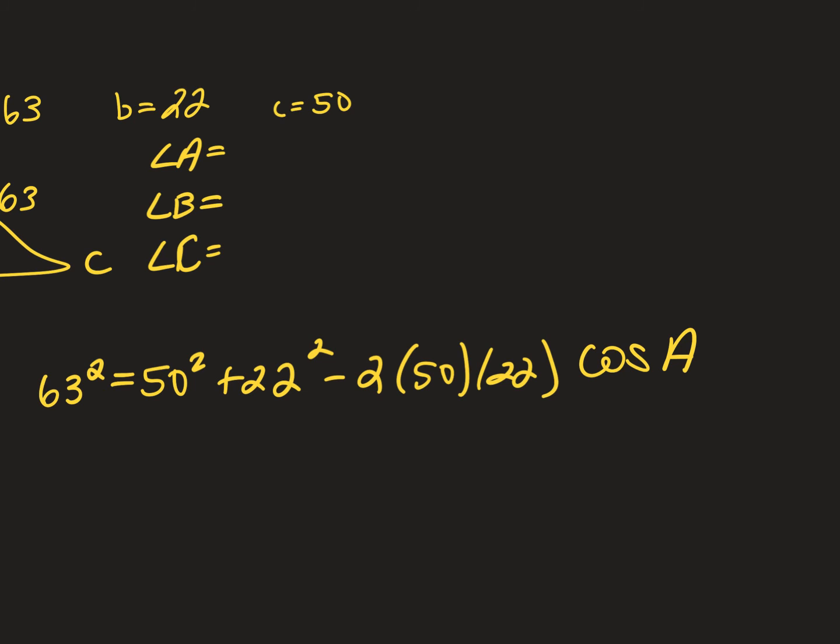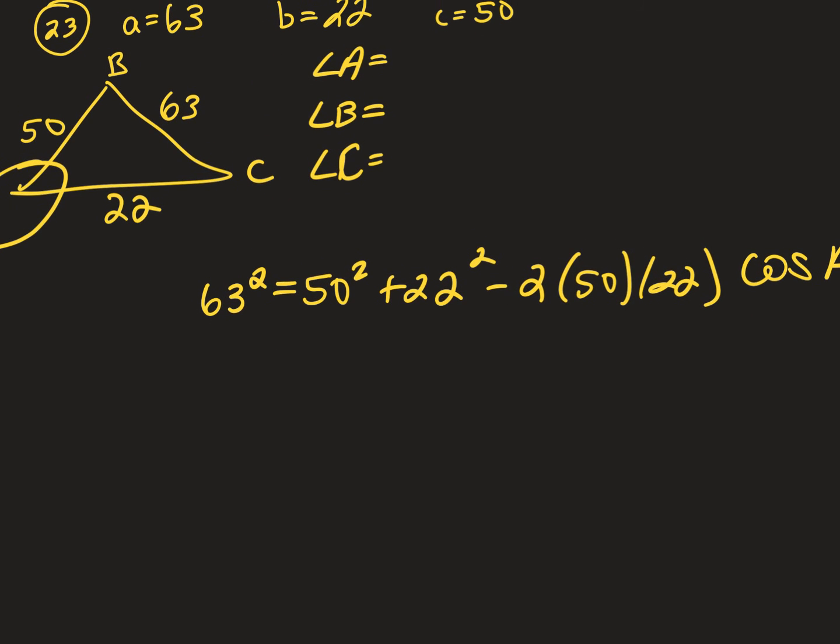Now, in this case, you cannot put all of the numbers in your calculator and just stick it with cosine of A, because this is like saying 2x. If this number was 25, you couldn't add 25 and 2x and tell me it's 27x. We have an unknown, a variable, so we cannot combine multiplication with addition or subtraction. So let's simplify a little bit. What is 63 squared?